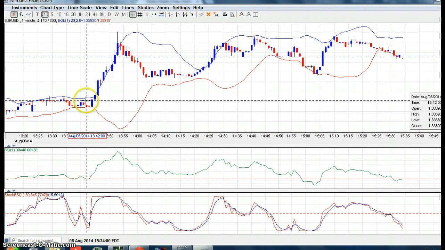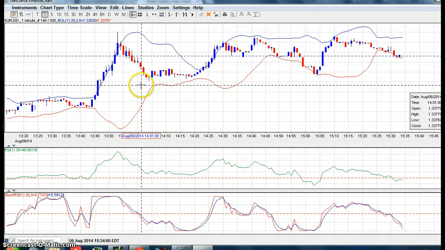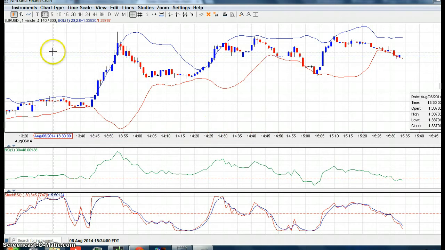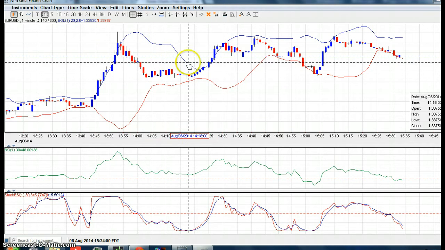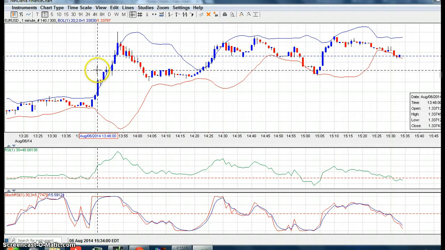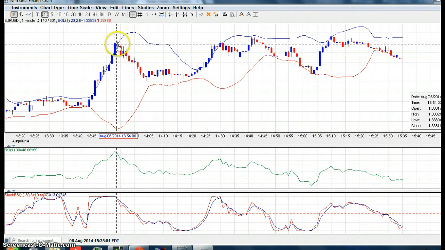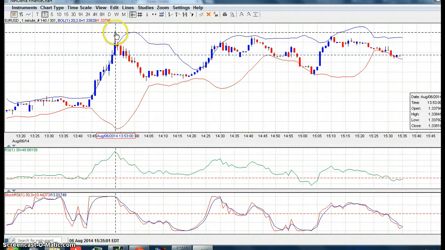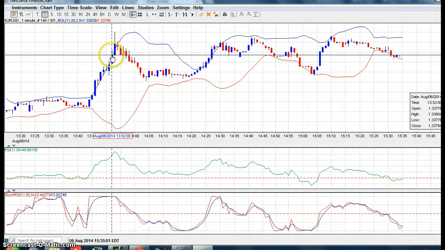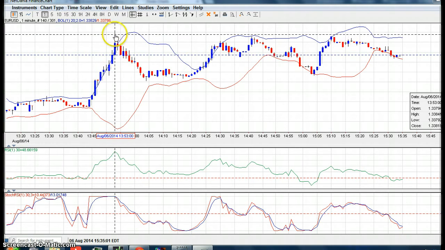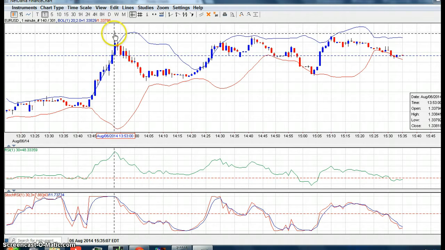And for the people that don't know much about trading, I should have started from the beginning, but these are candles, okay? This wick means the price has been here within this minute. So when it's blue like this, that means it started down here and came all the way up here, somewhere in between the minute.